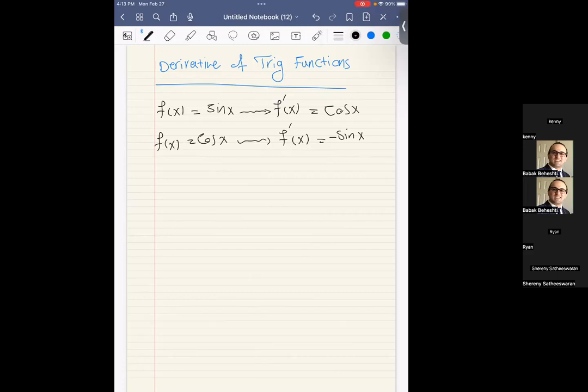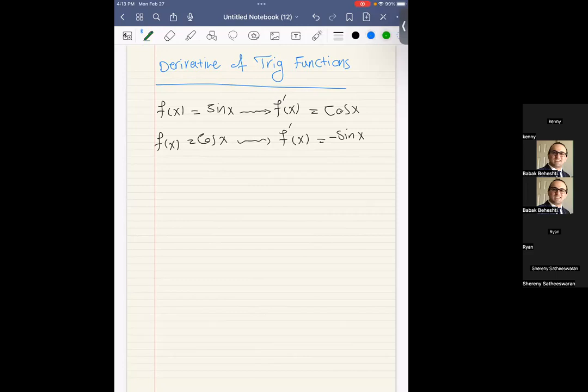Now, using these two, and using other rules, we can compute the derivative of tangent and so on. What rules do we have so far? We have the sum, subtraction, product, and quotient rule. So let me list all the rules we have learned so far.